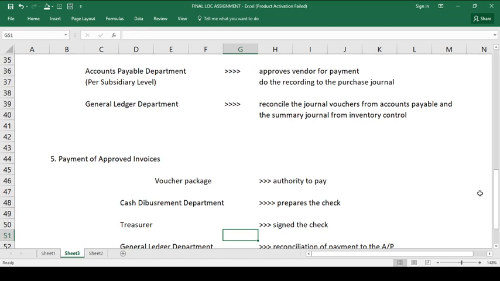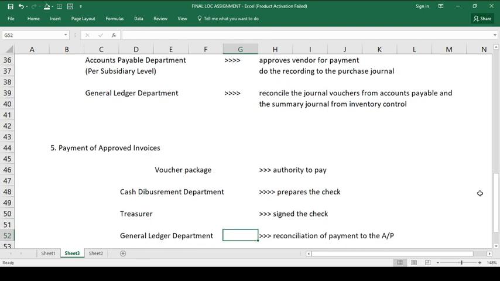So, the cash disbursement department, once it receives the voucher package, prepares the check. So, gagawa siya ng cheque, napapapirmahan niya, para at least maging negotiable yung check. The cash disbursement department prepares the check and it is subject for signature of the treasurer of the company.